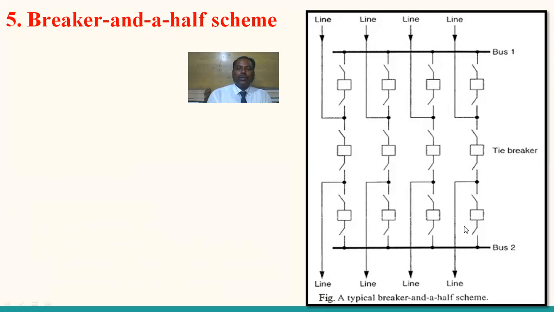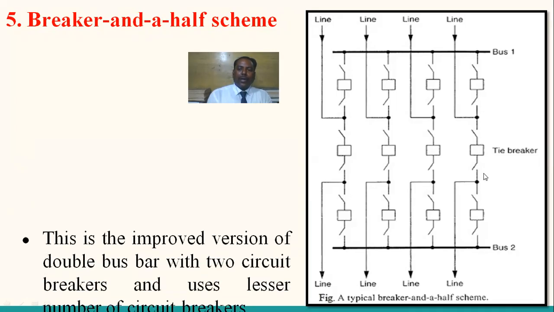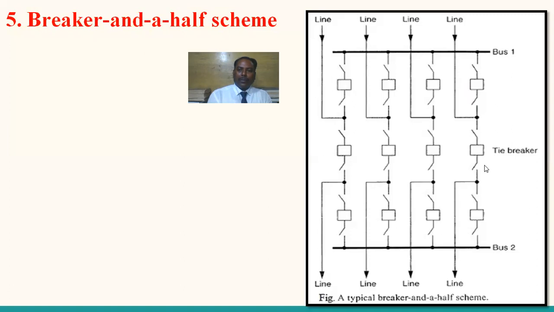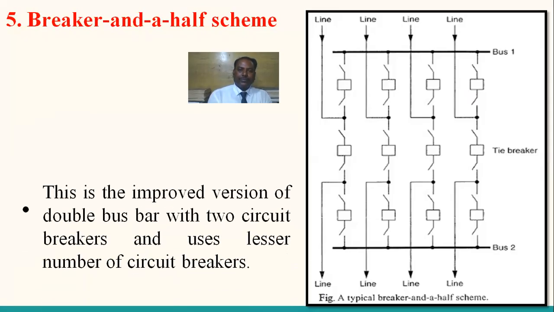So when bus 1 is operating, the 1.5 breaker is functioning. That is the reason it is known as a breaker and a half scheme. Let us see the description of this one.